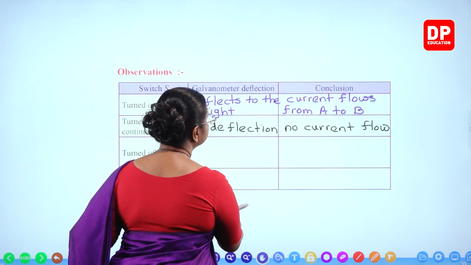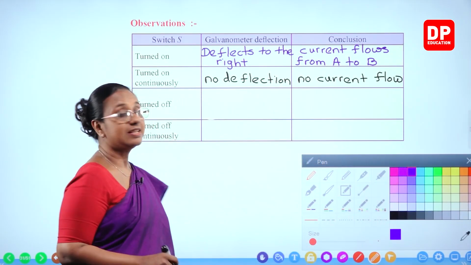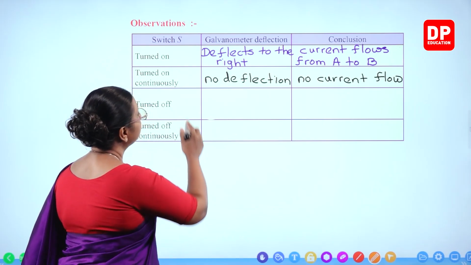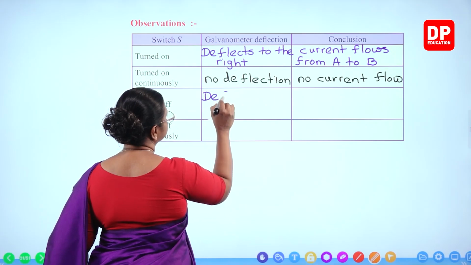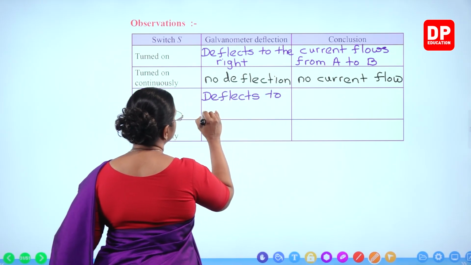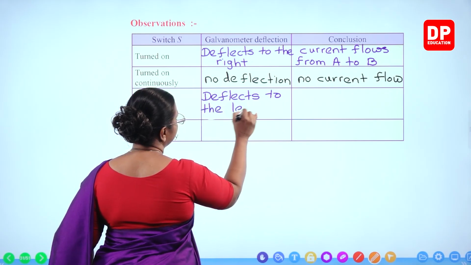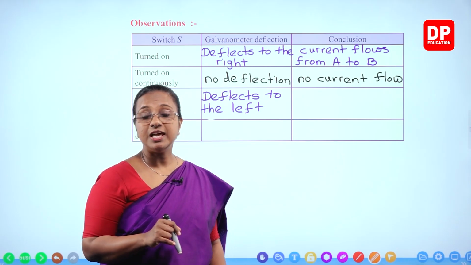Then, when it is turned off, as we turn off, again you see a deflection, deflects to the left. So what was the conclusion we get from there?